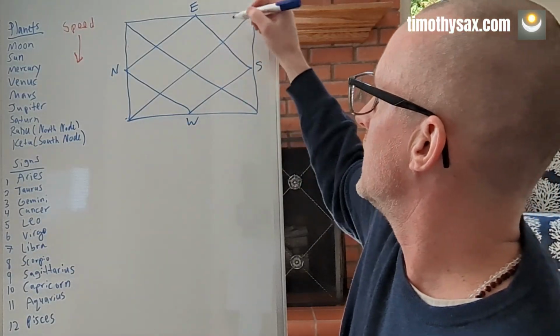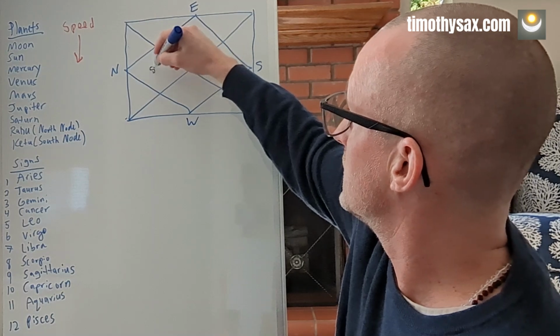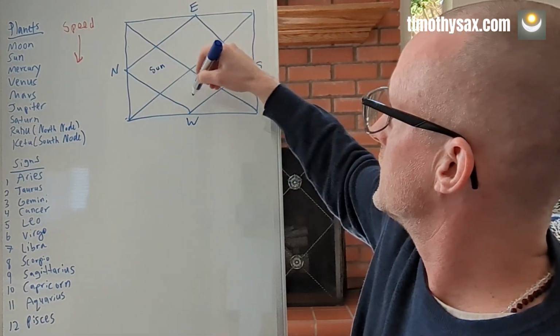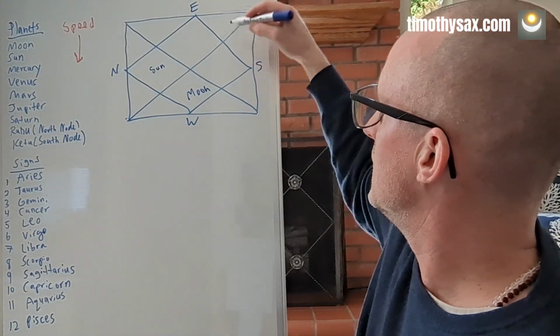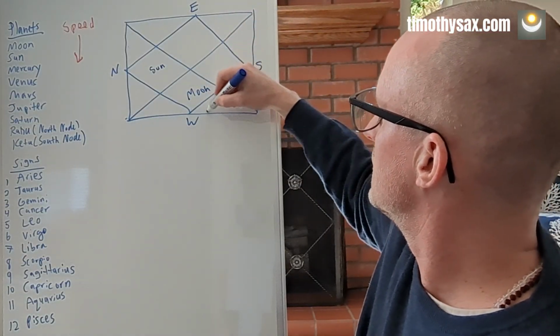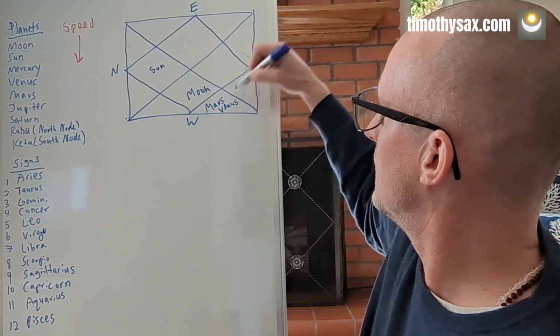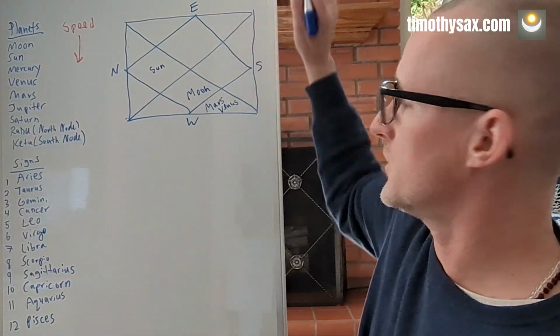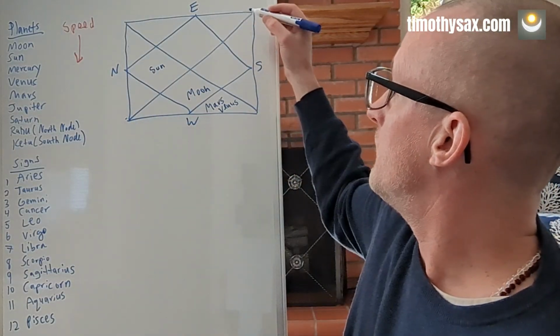You would be able to say, okay, so the sun, let's say, is here. And let's say the moon is here. Maybe Mars is here. Maybe Venus is with Mars. Something like that. And the other ones, I won't draw all of them. But I think you get the point.